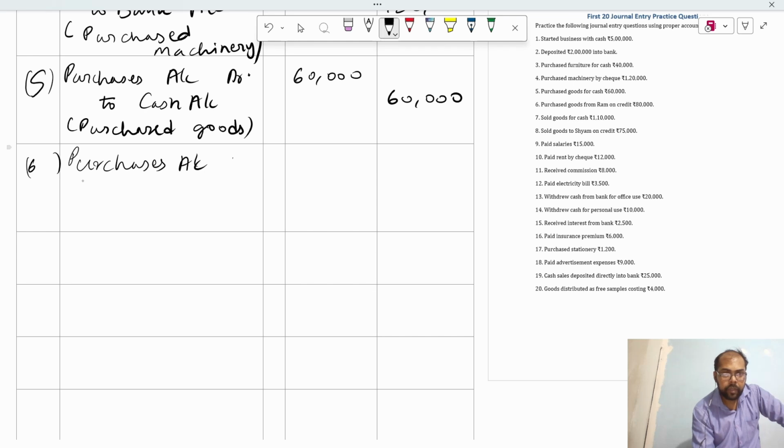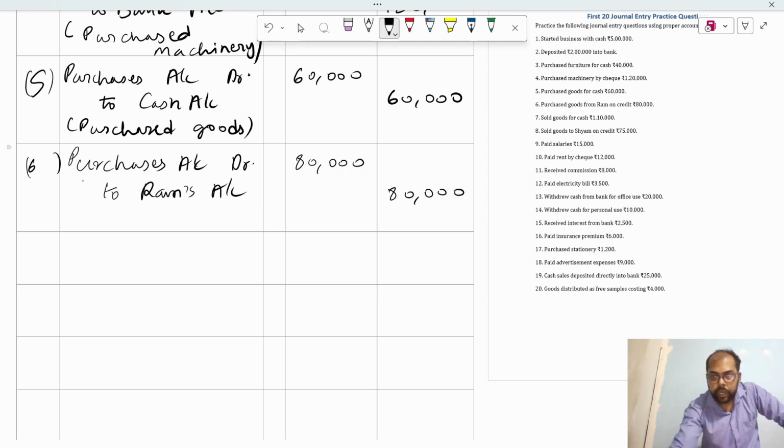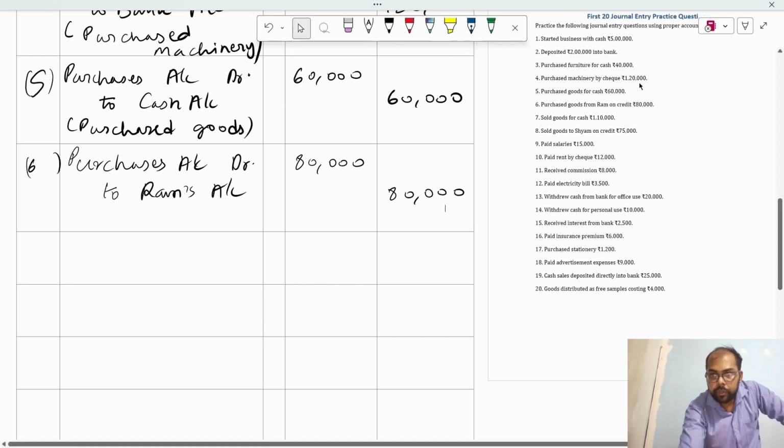So the purchases account is debited. That is very clear. But which account will be credited here? That is the question, because it is not purchased for cash. It is clearly written that it is purchased on credit. So Ram's account will be credited, for an amount of 80,000.